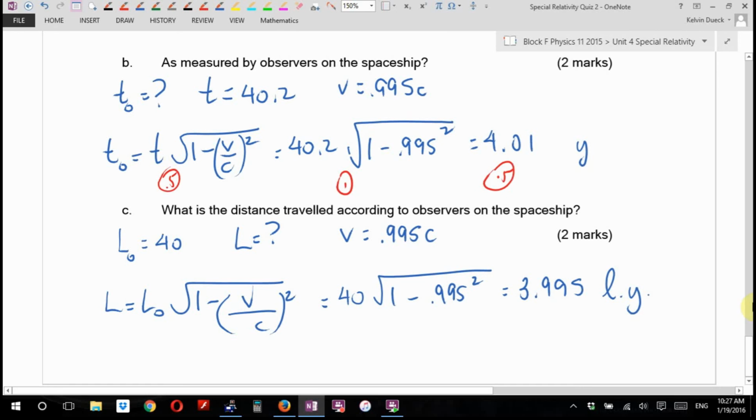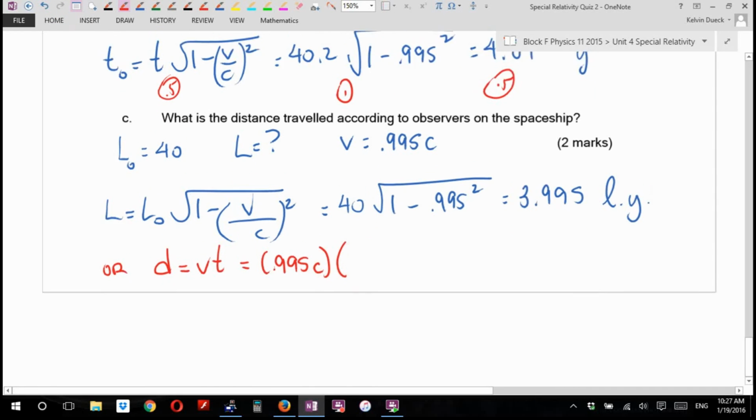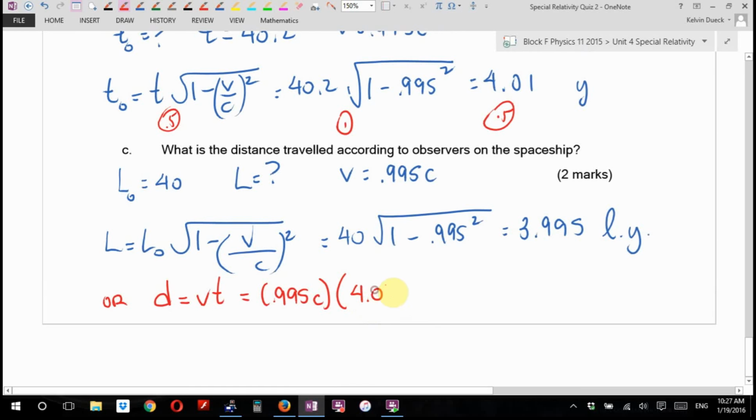Now, if you did part C the long way, you could also have gone like this. Distance equals speed times time. You could have gone 0.995 c times their time, which is 4.01 years, and the light and the years will combine to give you light years.